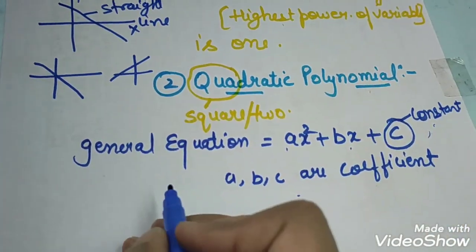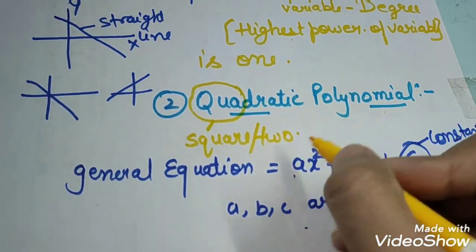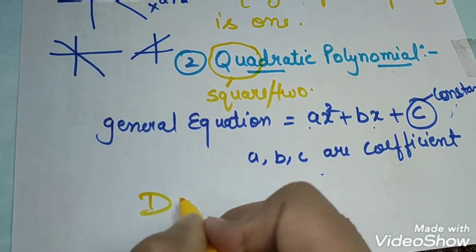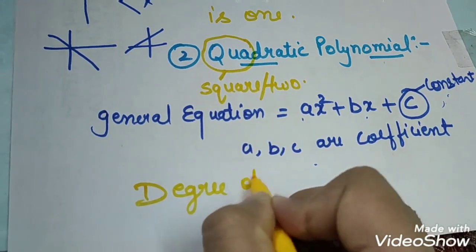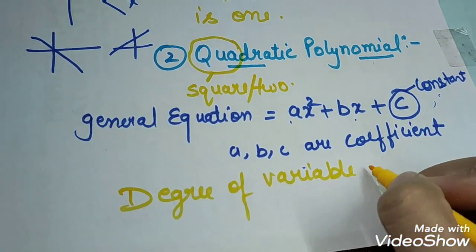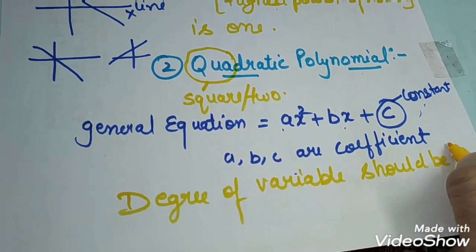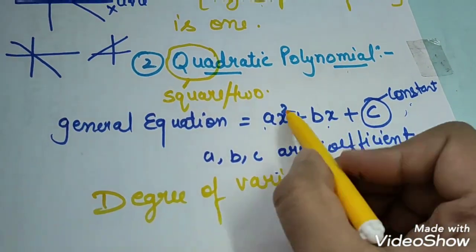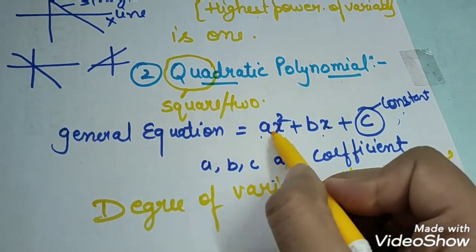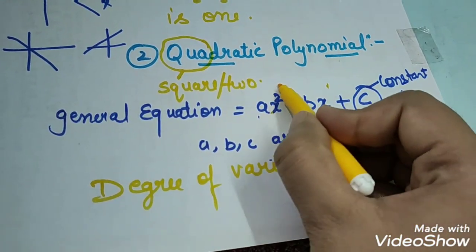Okay, so now look at what I said, that the highest degree of the variable should be 2. This is also a variable, these two are variables, but its power is 1 and its power is 2.